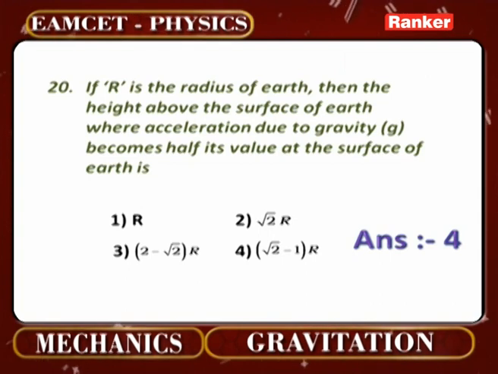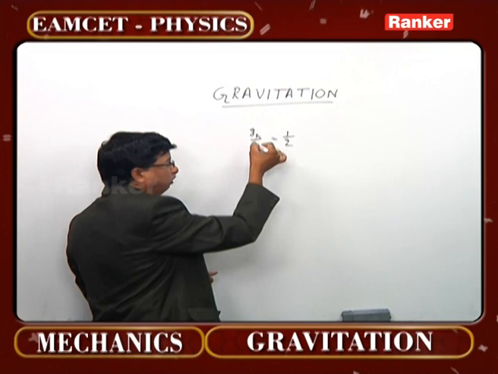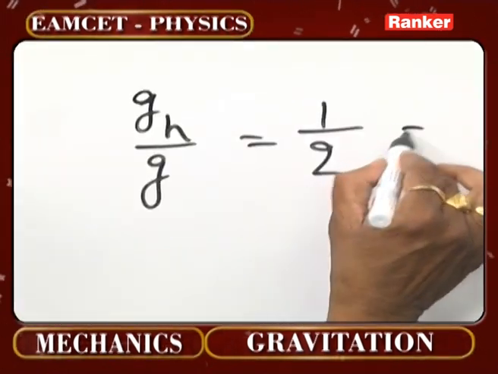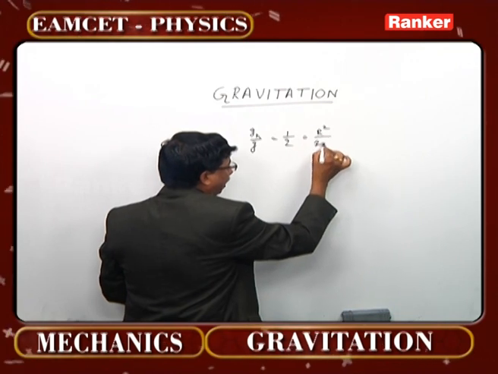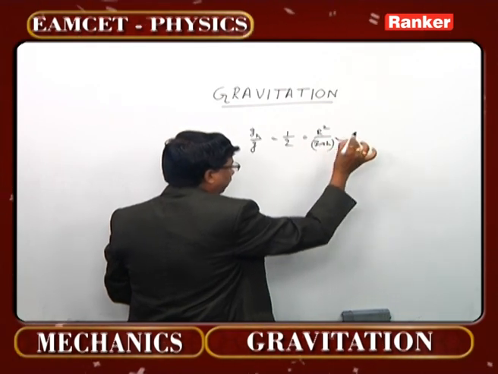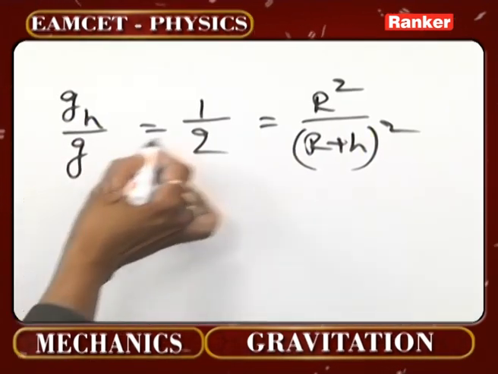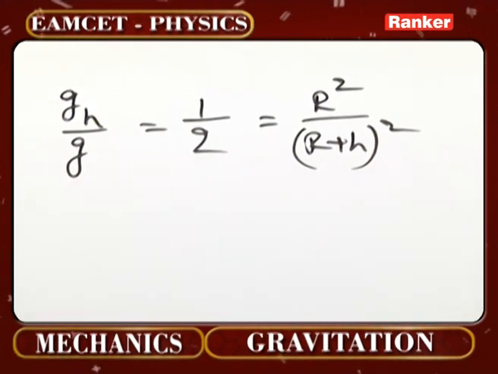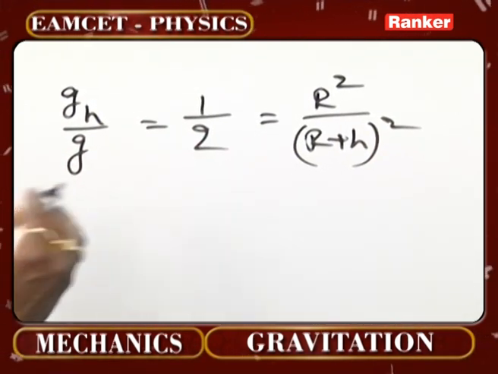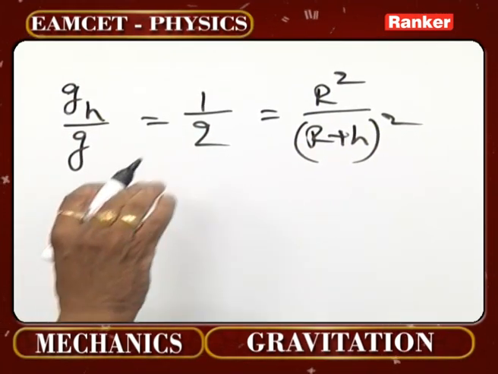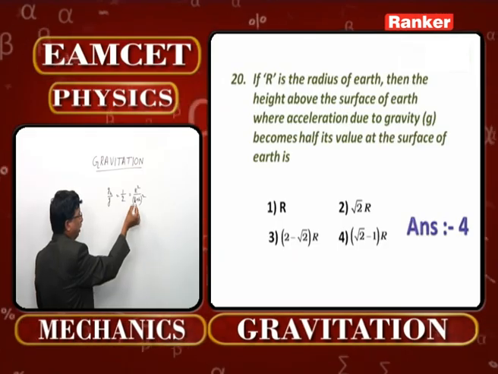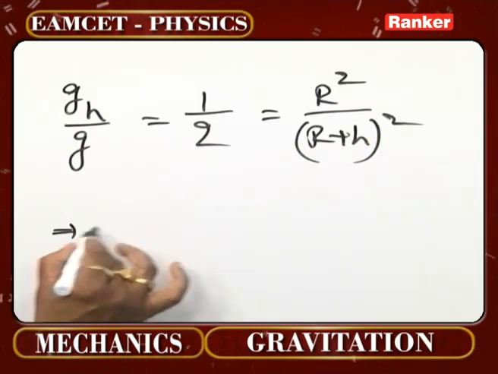That means gh is equal to g by 2 is the relation mentioned there. So gh by g equal to half means, according to the formula, R square by (R plus h) whole square. That is the corresponding equation for gh by g. Now here it is not mentioned what R and h are, therefore the h value is to be written in terms of R. Now come on, just take root on both sides please.